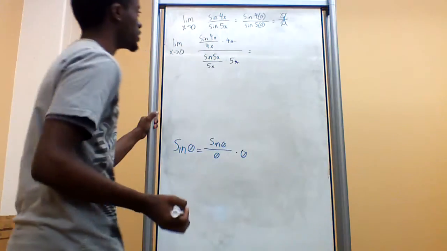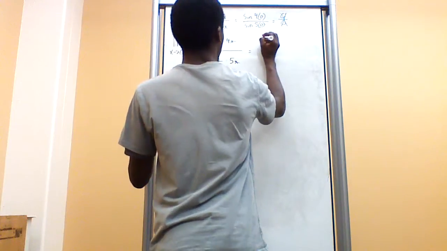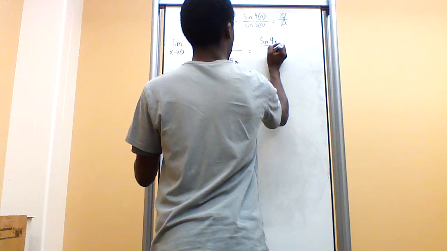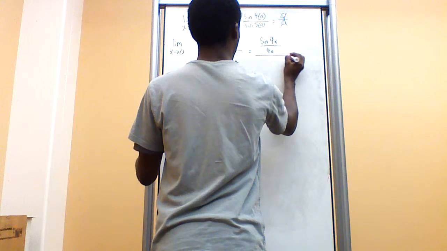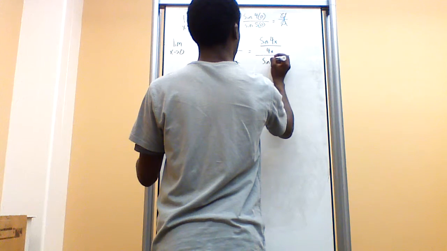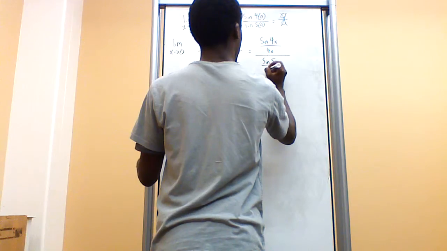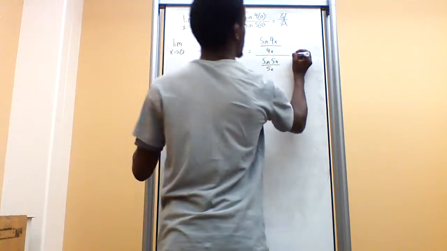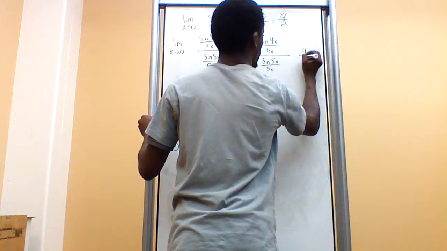So this is going to now equal sine 4x over 4x over sine 5x over 5x. And we're just going to separate this into 4 over 5.